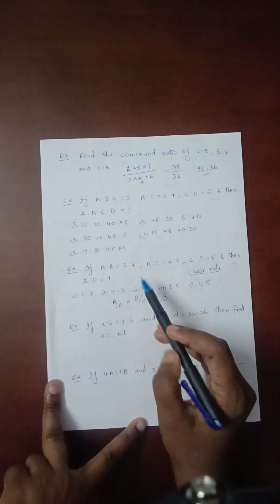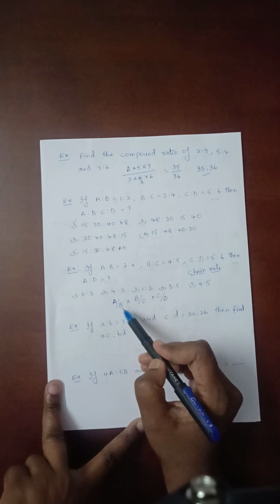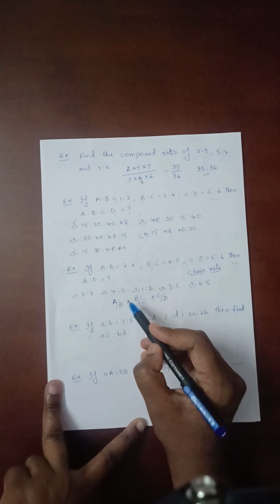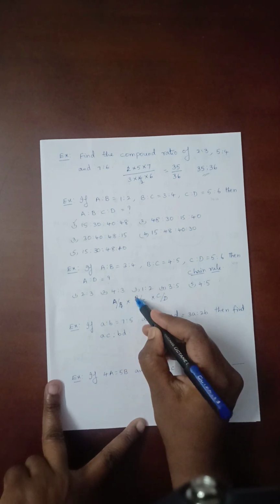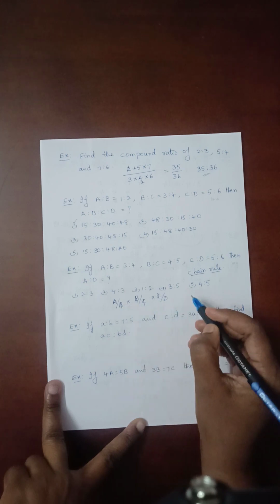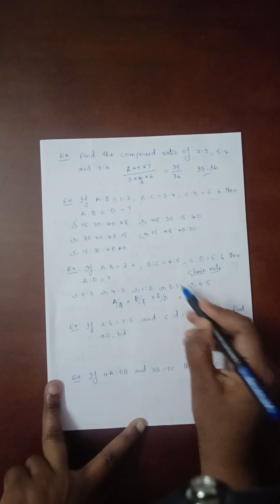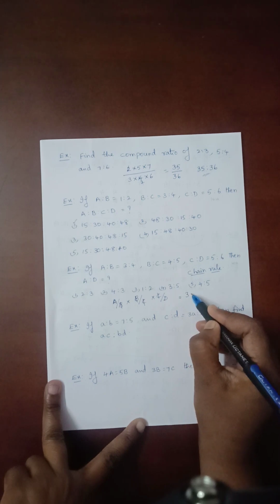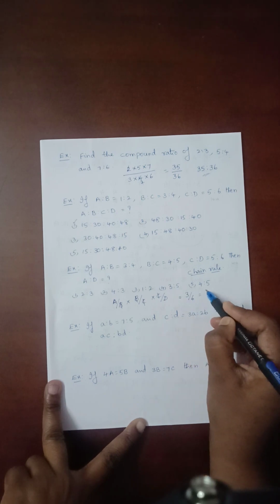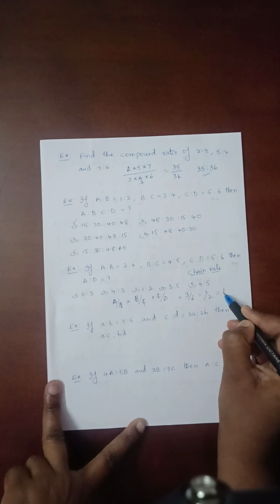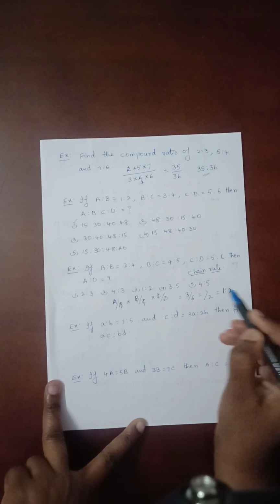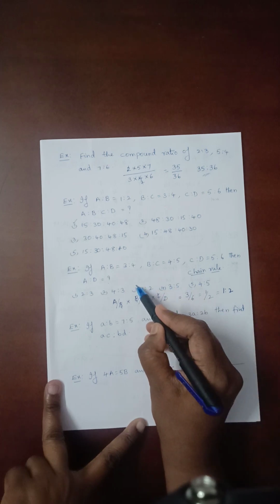Then we cancel B and B, C and C. What is that? It is A by D. What is A by D? So that is 3 by 6, means 1 by 2, means 1 is to 2. So the ratio of A is to D is 1 is to 2.